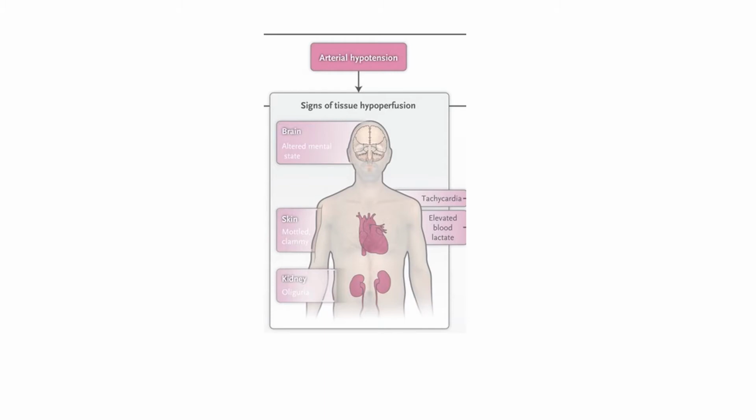There are other clinical signs of tissue hypoperfusion as well, which are apparent in the sense that you would see cold and clammy skin, low urine output of less than 0.5 mL per kilogram of body weight per hour, as well as altered mental state, which typically includes obtundation, disorientation, and confusion.